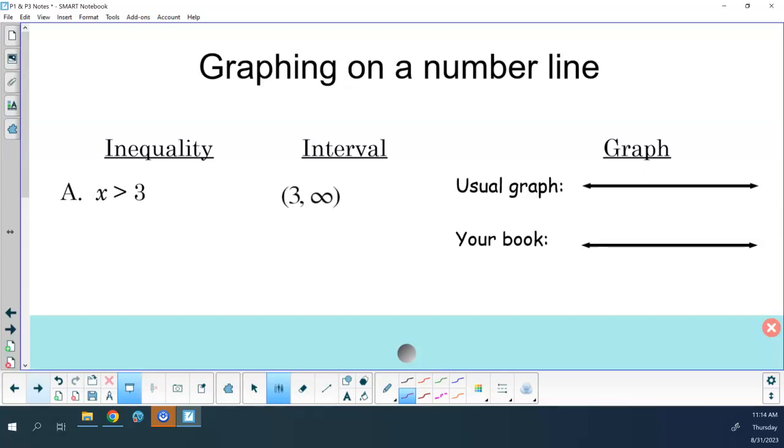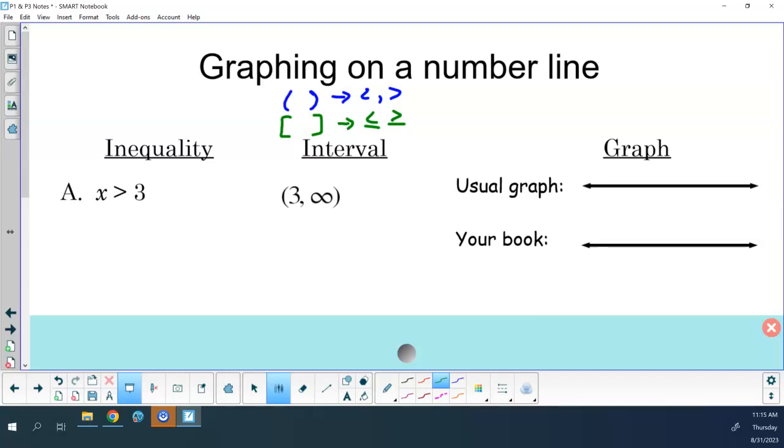The interval then would have parentheses if we are dealing with less than, greater than. It would have brackets if we are dealing with the equals component. Parentheses doesn't include, it gets infinitely close to; brackets include.